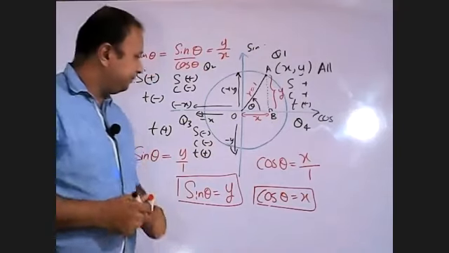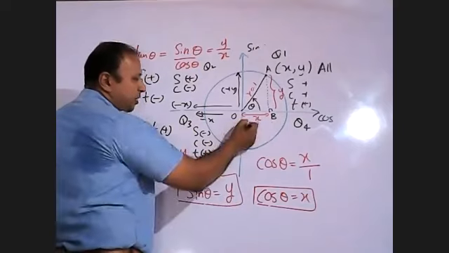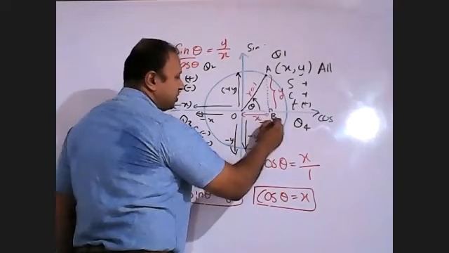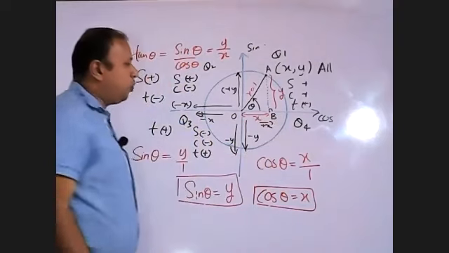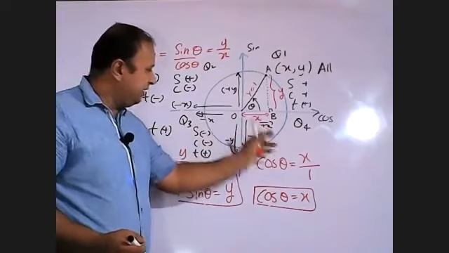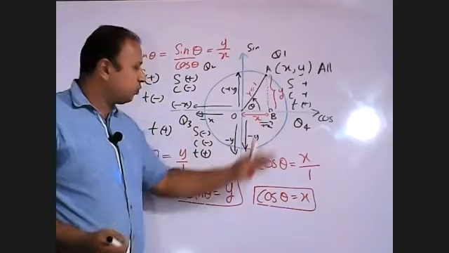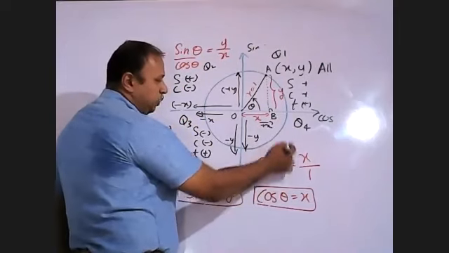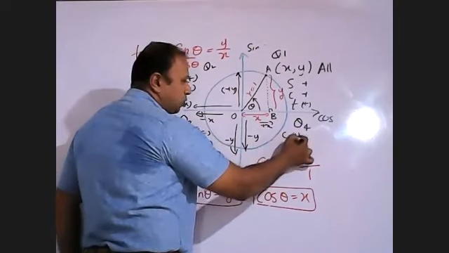The fourth quadrant is bounded by the negative y and positive x. Therefore, in the fourth quadrant, x values are positive, so cos values are positive.